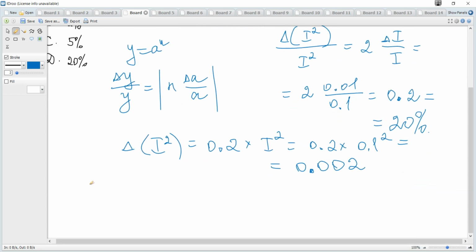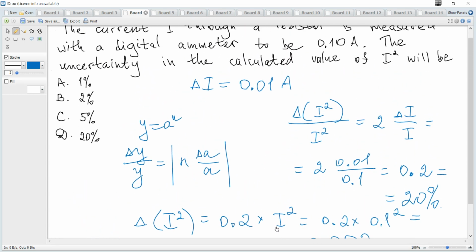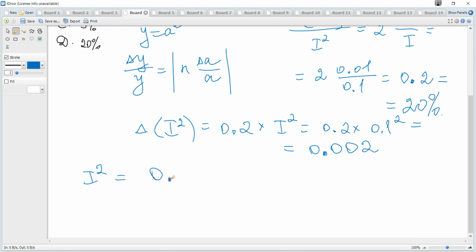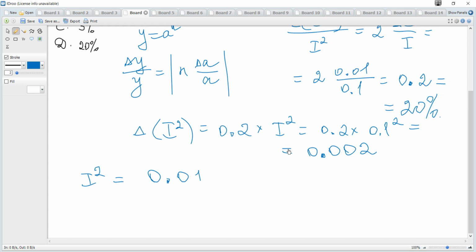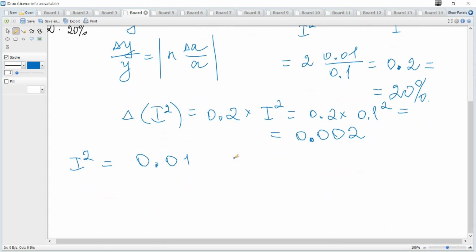And how to write the answer for the calculated value? I squared is 0.01, just 0.1 squared, plus minus the absolute uncertainty 0.002.